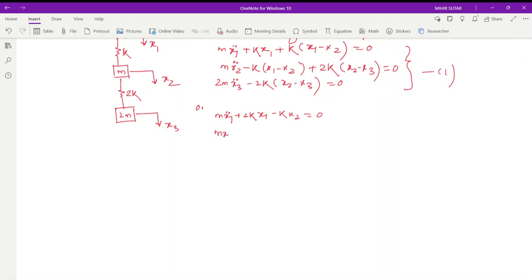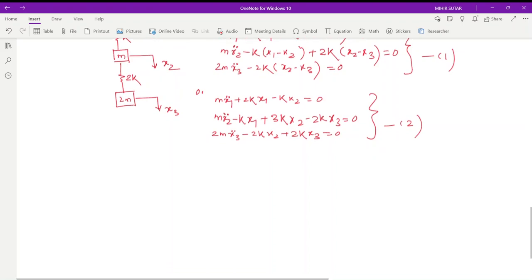Then m x2 double dot minus k x1 plus 3k x2 minus 2k x3 is equal to 0. Then 2m x3 double dot minus 2k x2 plus 2k x3 is equal to 0. Let's say this is the set of equation 2.